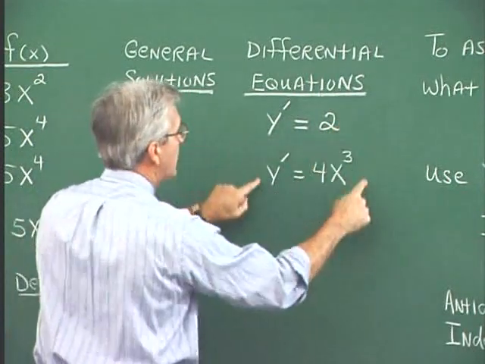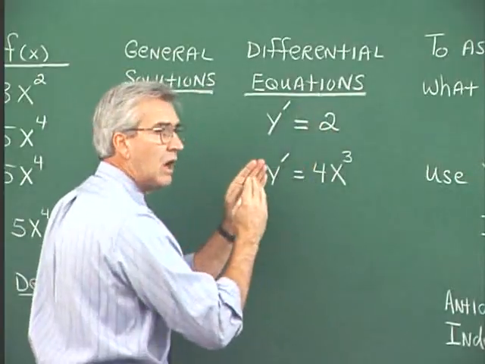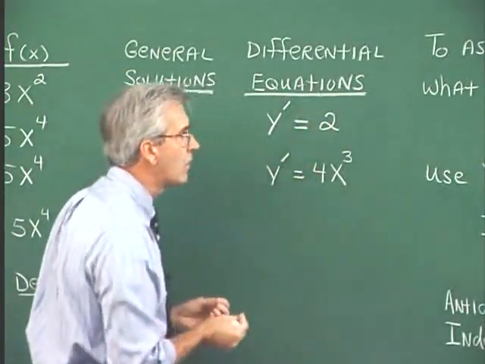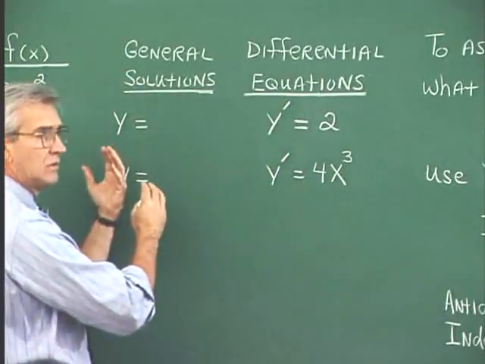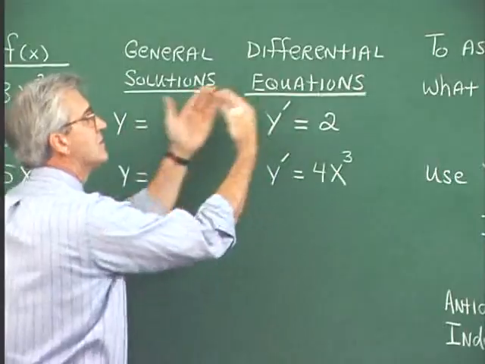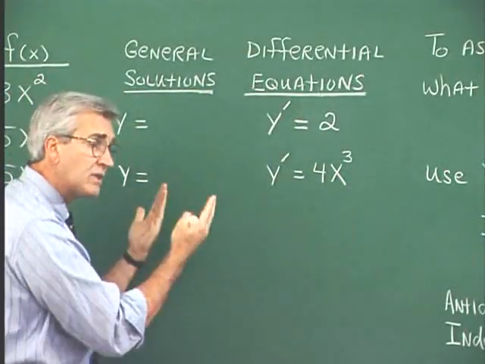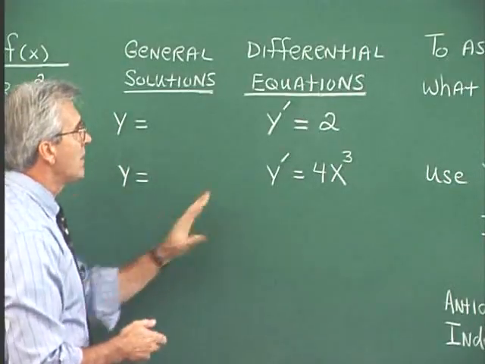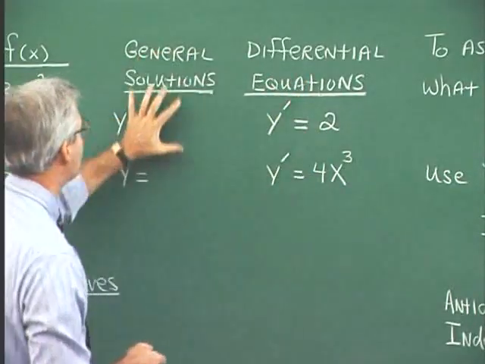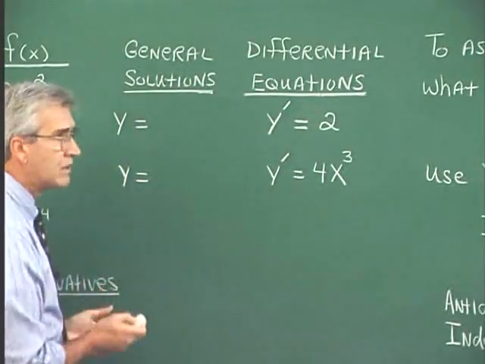From the differential equations, a task that can be requested is to find the function whose derivative is this. It's the same process, the same idea as this antiderivative idea. But these are differential equations, and we're finding general solutions to the differential equation when we go through this process.